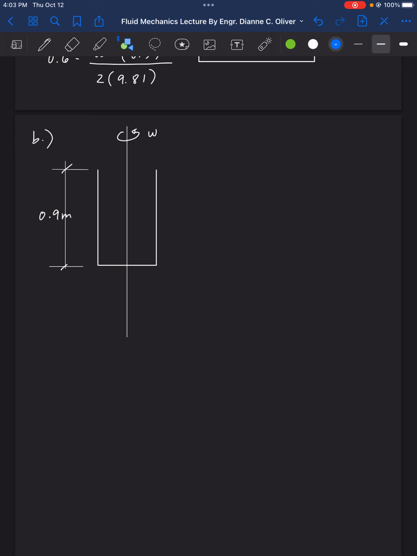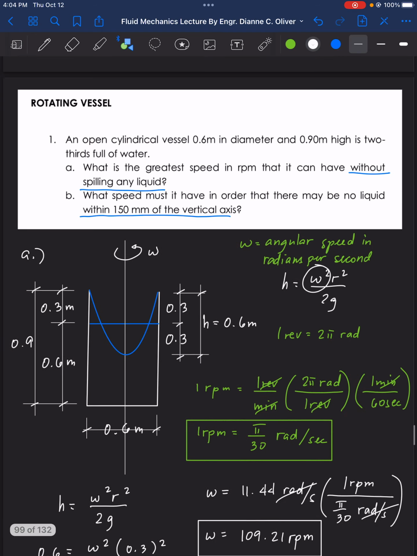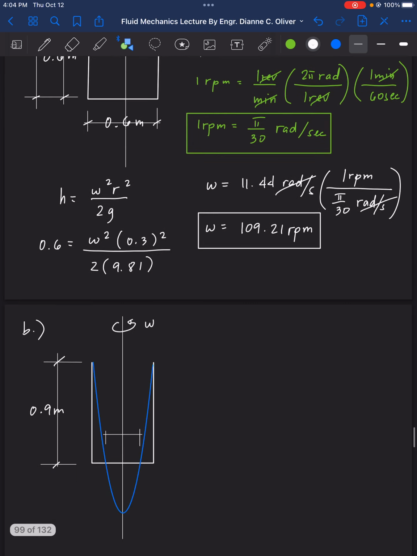So the parabola form here is something like this. So it's asking for the angular speed omega, in order that there may be no liquid within 150 mm of the vertical axis.